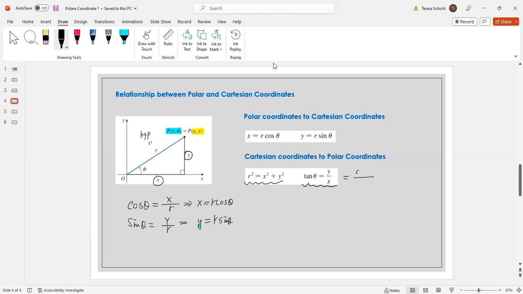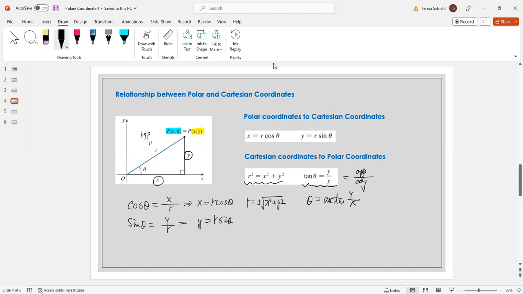Tangent is opposite over adjacent, so tangent theta equals y over x. So you can find theta by doing arctan of y over x. And r will be the positive and negative square roots of x squared plus y squared.